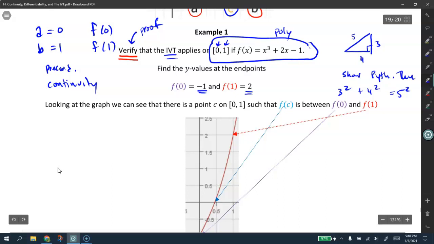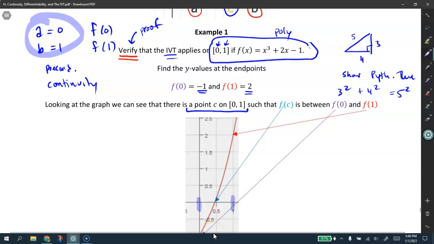All you basically state is that there must be some point called C on the interval 0 to 1, meaning somewhere in the interval 0 to 1, from over here to over here, there must be some number on the x-axis, wherever it may be, or basically on this graph between 0 and 1.